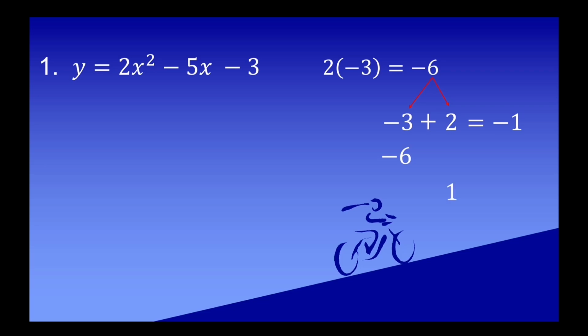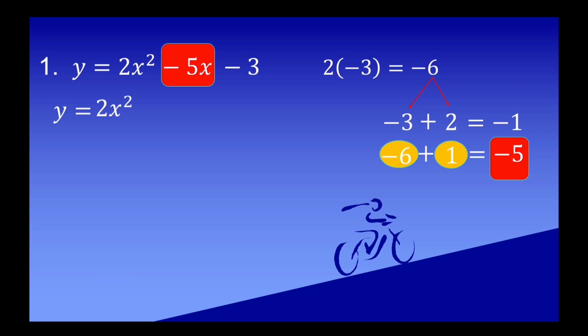So negative 6 and 1. If we sum up these two factors, negative 6 plus 1, that is negative 5. So that is also our middle term, negative 5. That is the result after adding the two factors, negative 6 and 1, that's negative 5.